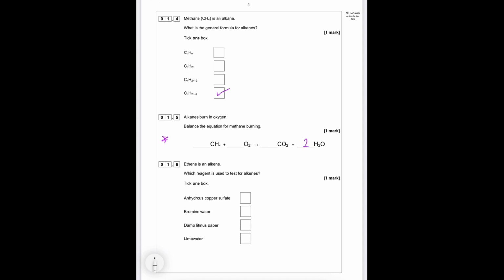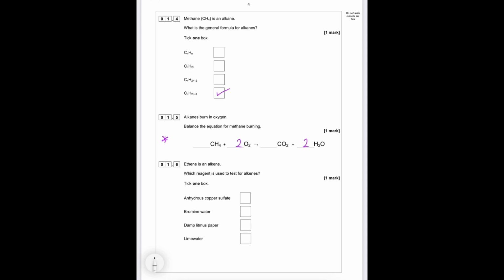But on my product side, I have 2 oxygens in the carbon dioxide, and 2 water molecules, so I have 2 oxygens there, totaling 4 oxygens on the product side. So to get 4 oxygens on my reactant side, I would need to put a 2 in front of the O2, and that is now balanced.